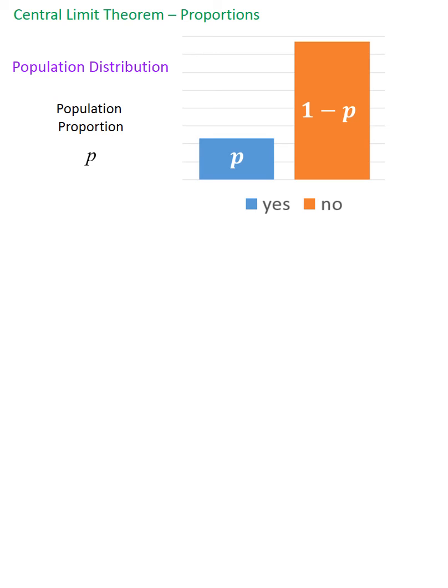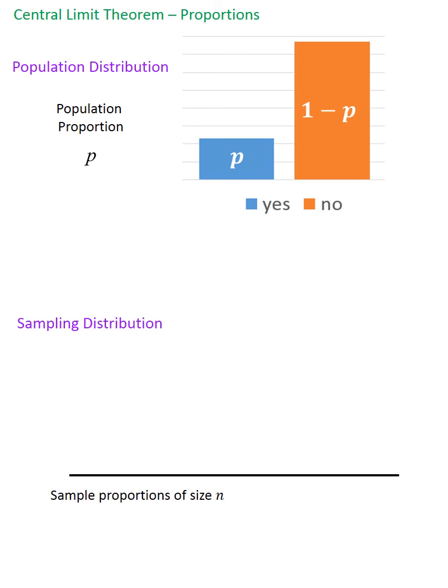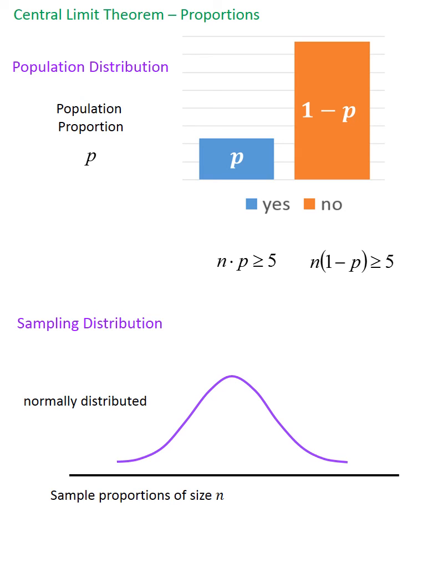Okay, so let's generalize. In general, if a certain percentage of my population, say P, has a certain characteristic, and I were to look at a sampling distribution for a certain sample size, call it n, as long as these two calculations are both greater than or equal to 5, the central limit theorem states, 1, my sampling distribution will be normally distributed.